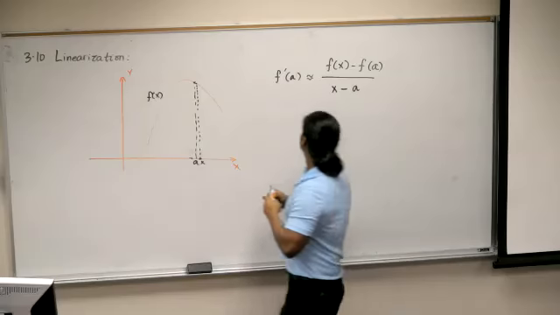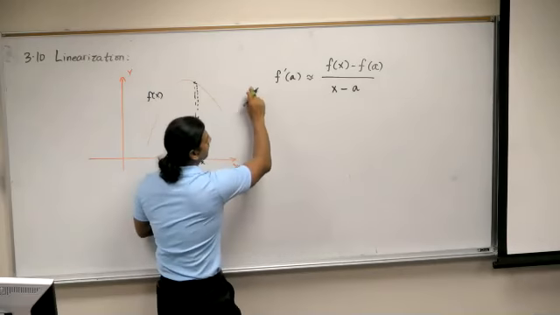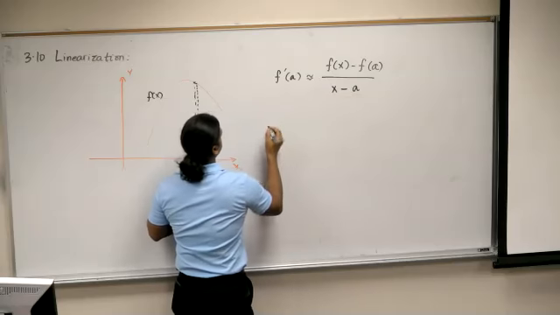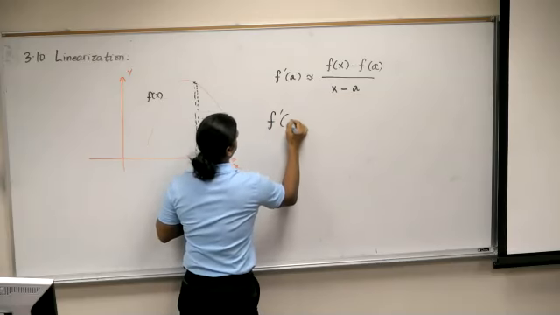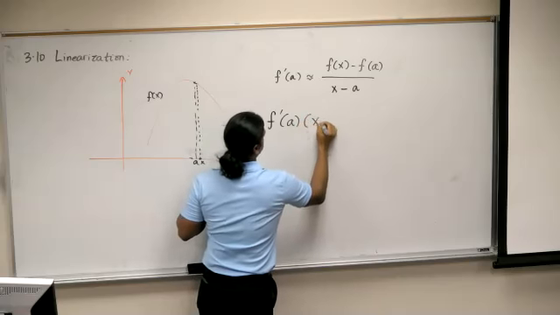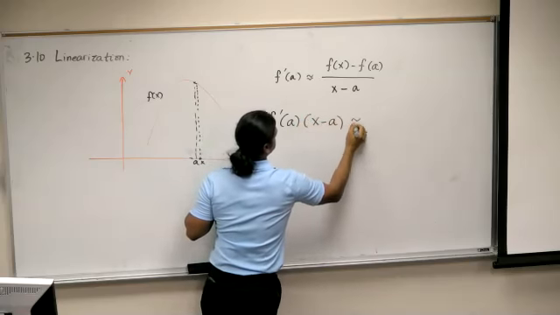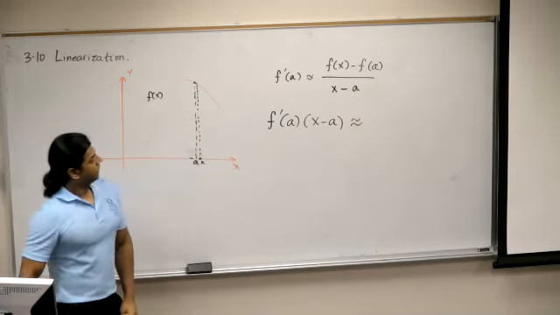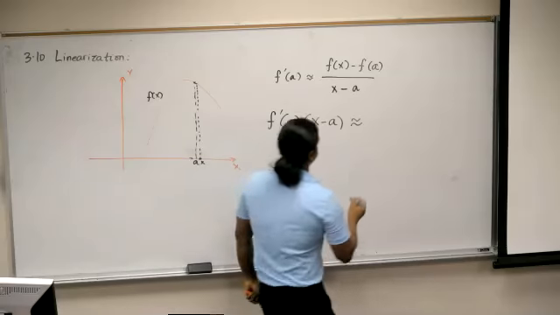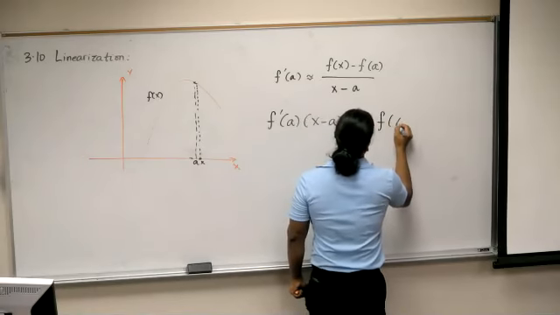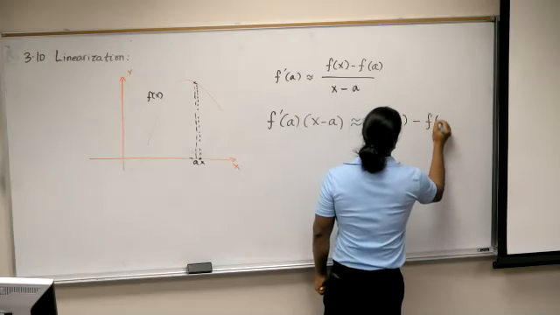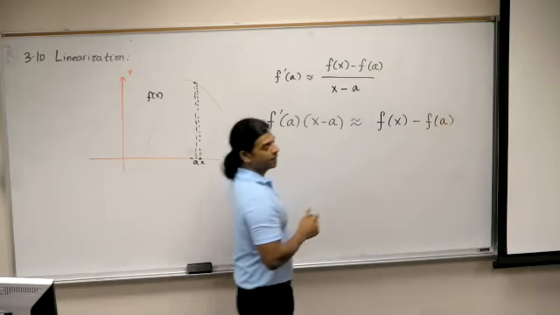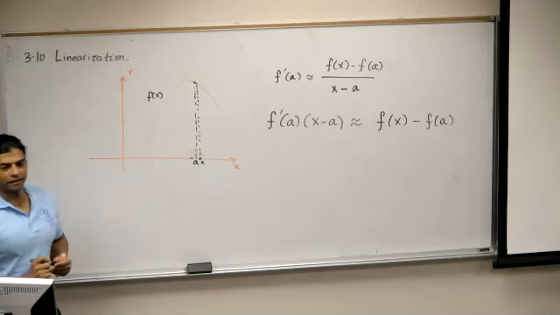If I did some algebra, multiply both sides by x minus a, I would end up getting f of x minus f of a.